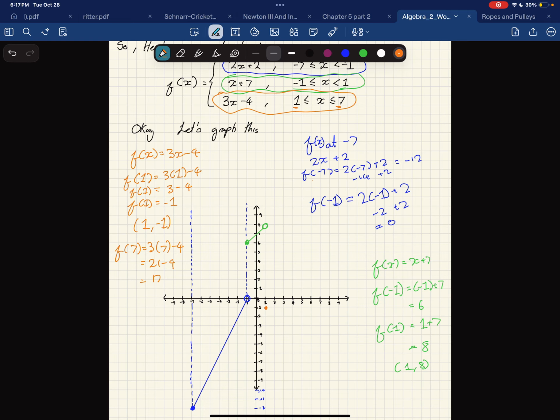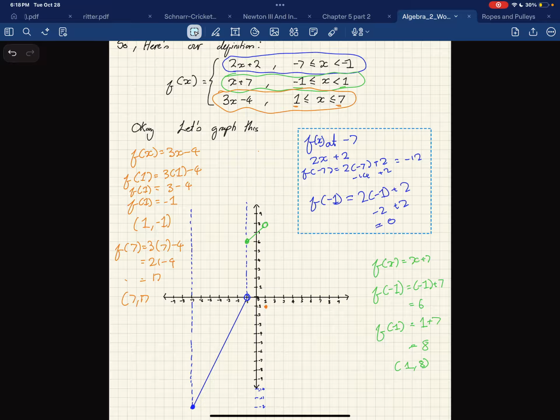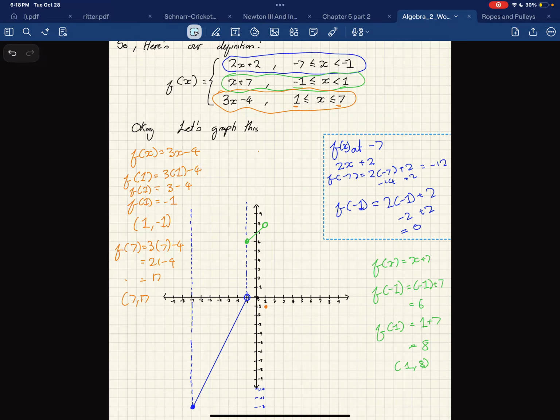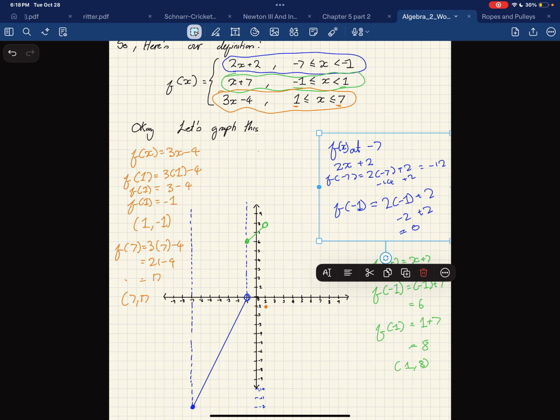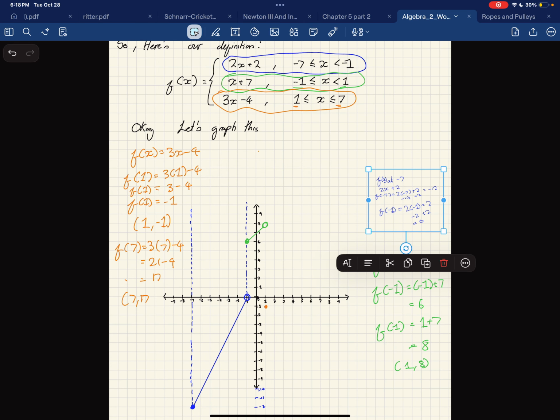So that's somewhere up here, so my point here is (7, 17).